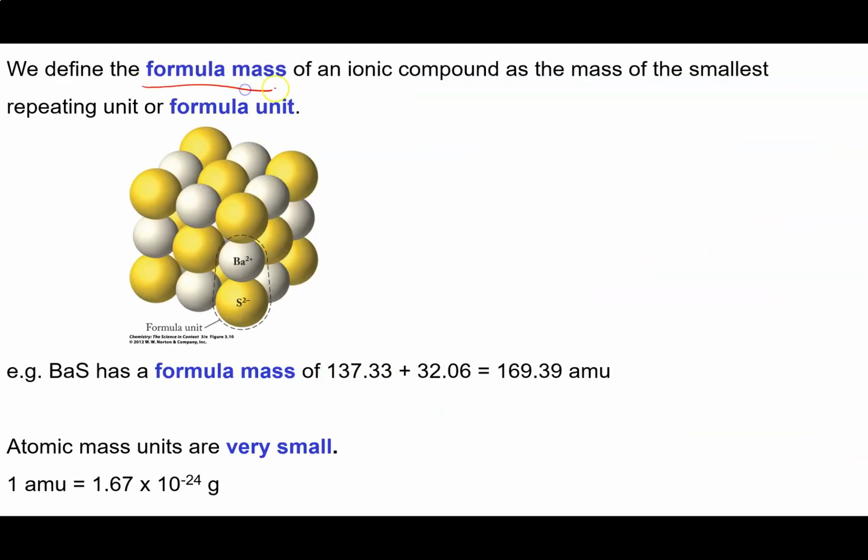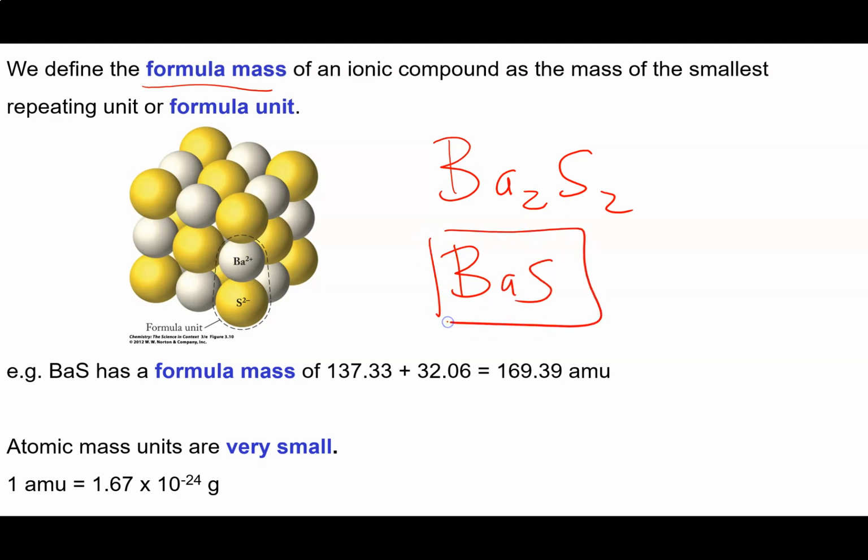Now, for an ionic compound, when we write the formula mass, it's important to recognize that the formula represents the smallest repeating unit, what we call the formula unit. And this will always be the smallest ratio of atom types. So we're never going to see Ba2S2, we'll always see BaS, and it's the simplest ratio of the atom types that we're going to be calculating the mass of.